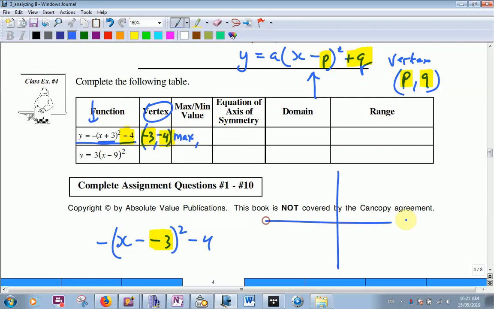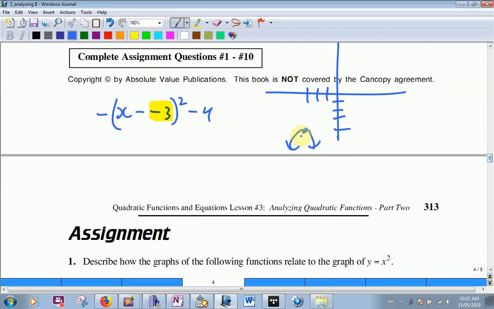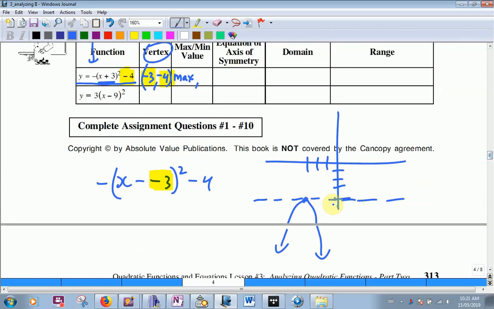If it's flipped and my vertex is there, a picture may help. That's what that thing looks like. Let's make it bigger. Okay, so when I talk about maximum, I'm talking about range. That's the maximum. It's at negative 4.